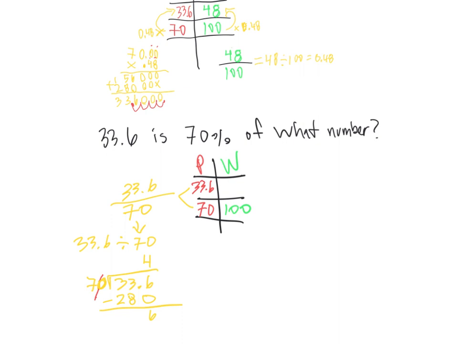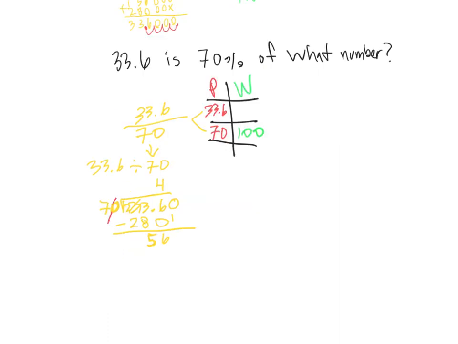We got 6, 2, 13, we got 5, so we got 56. And we cannot get 70 into 56. 70 is bigger than 56, so we got to bring in our zeros just to show that there's nothing in the hundreds place. So we drop down that 0.